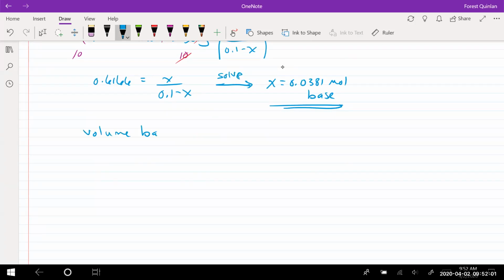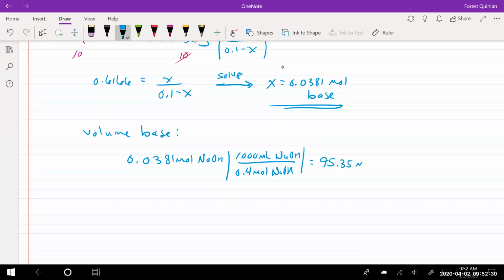The volume of the base is going to be 0.0381 moles of sodium hydroxide, and we have 0.4 moles of sodium hydroxide per 1,000 mils of sodium hydroxide. And that'll be 95.35 mils into region 2.